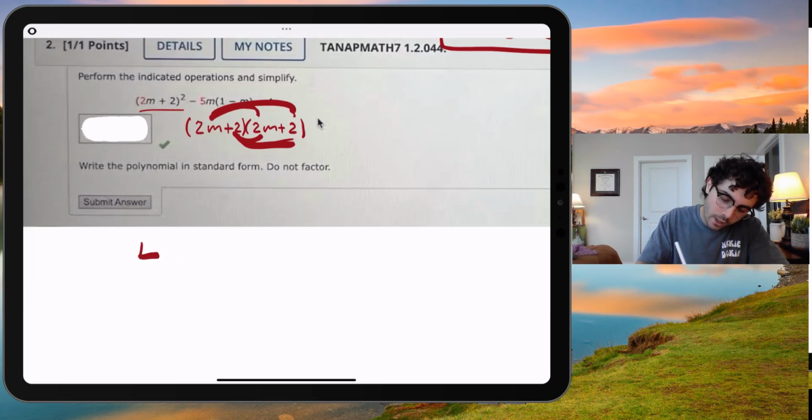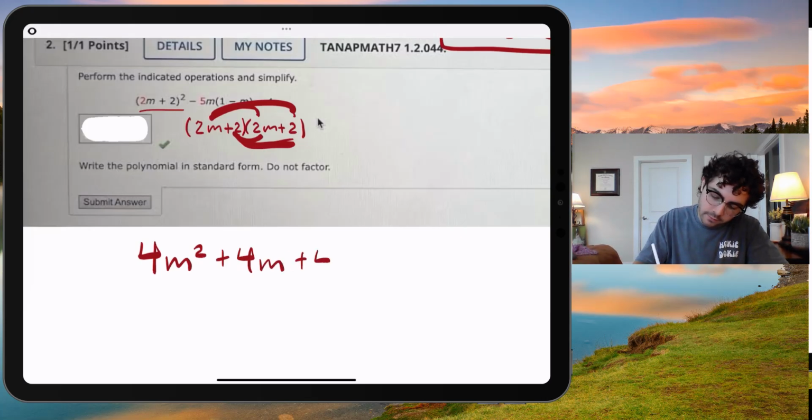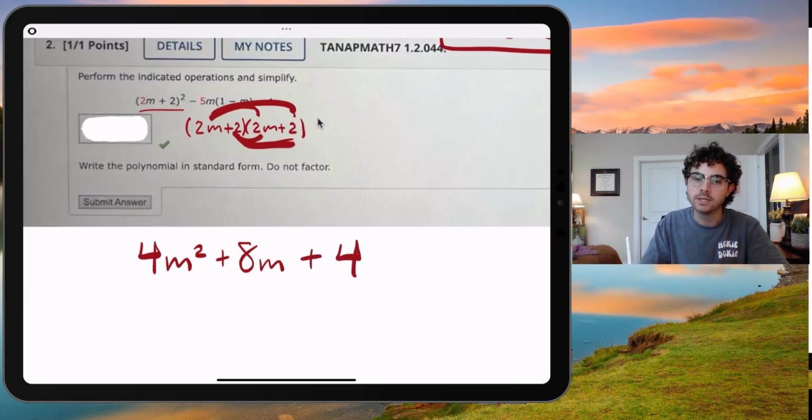Okay. 2m times 2m is 4m squared. 2m times 2 is 4m. 2 times 2m is another 4m. 4m plus 4m is 8m. 2 times 2 is 4.